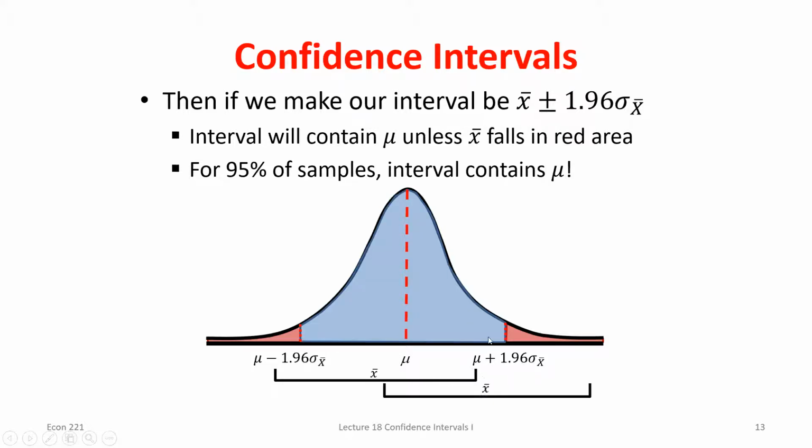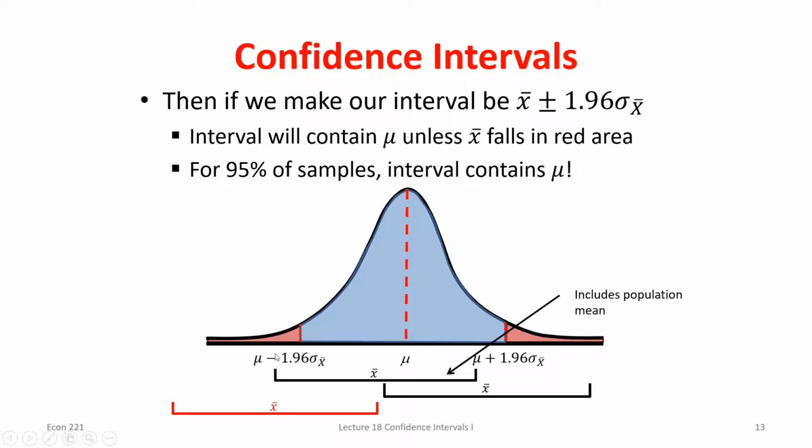If I take another sample mean, it's over here. Well, when I build a confidence interval around that, it also includes the population mean. Any sample mean value I see within this blue range here, within 1.96 standard deviations of that population mean, would have a confidence interval that includes the population mean.